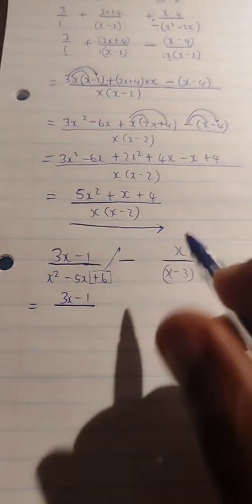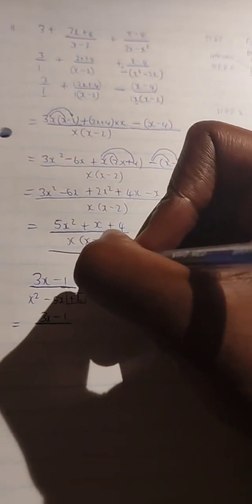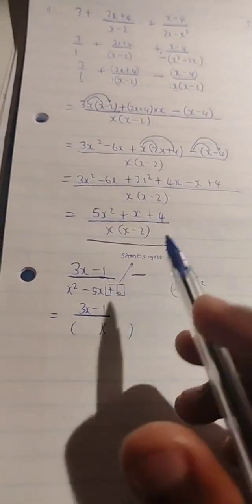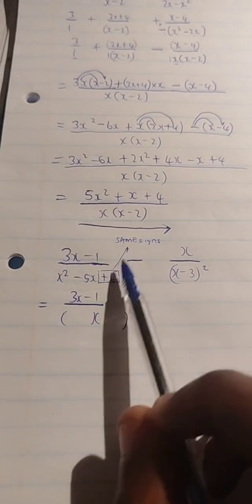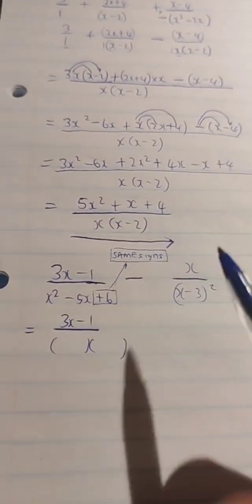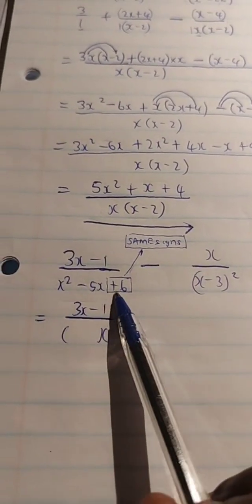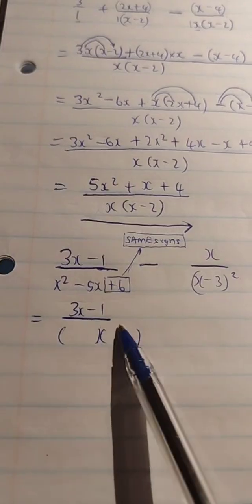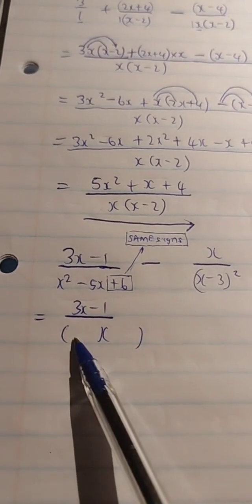When the last term is positive, the constant term is positive. That means when you open two brackets for factors, you are going to have the same signs. Guys, a positive constant last term always means you are going to have the same signs inside your brackets.